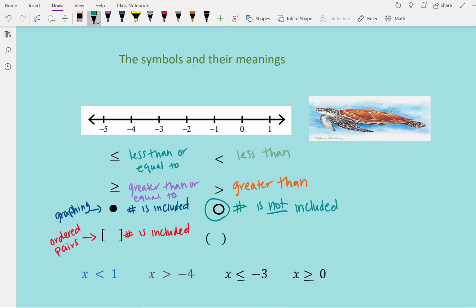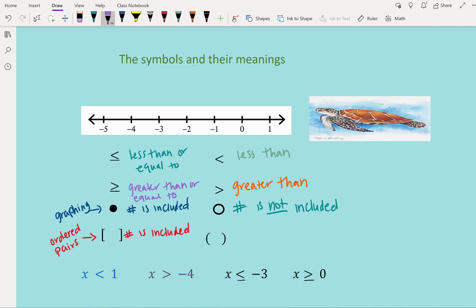An example, we'll do some examples momentarily, would be if we had that x was greater than 3. 3 is not actually part of it, but 3.0000000000000001 is part of it. But we're clearly not going to draw a graph with that many zeros because I can also add double or triple that amount of zeros. So it just allows us to have a spot to start, saying this one's not part of it, but the very first one after it is.